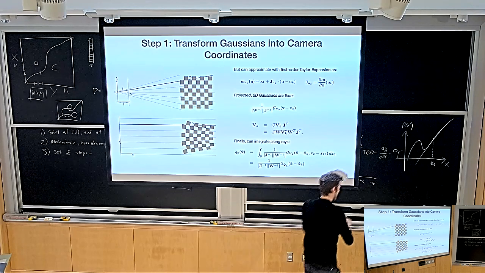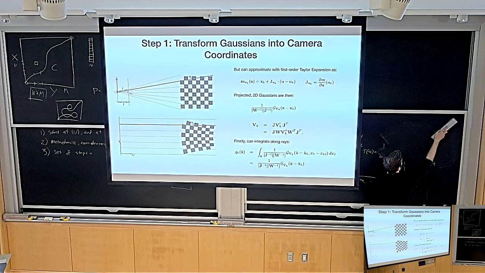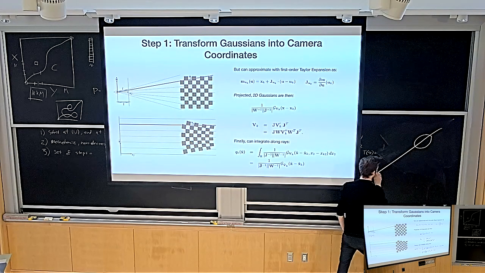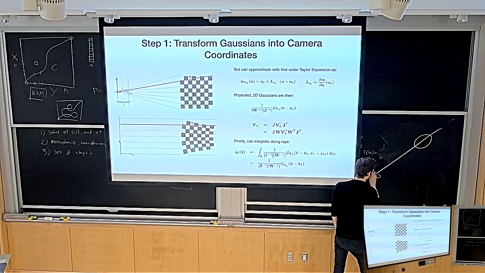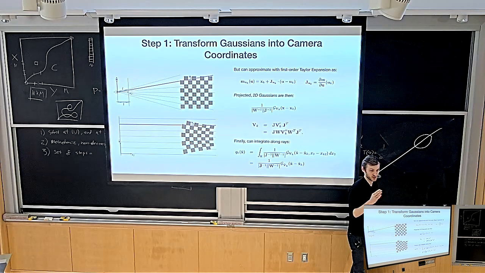We had a Gaussian in 3D space, and we have our camera. Remember, what we want in the end in volume rendering is to compute this integral of the density along the ray, this expected value of the color and the density along the ray.